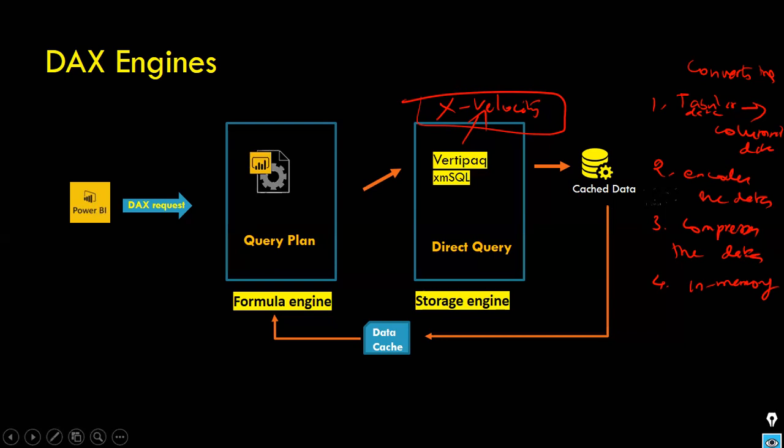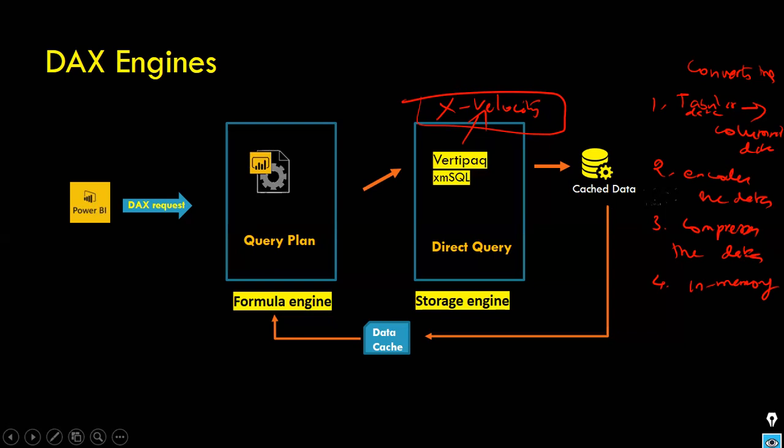Upon receiving the request from the formula engine in the form of query plan, the storage engine sends that query plan to your Vertipaq, and in the case of import connectivity mode, the Vertipaq or the X velocity kicks in behind the scene and performs these four tasks.